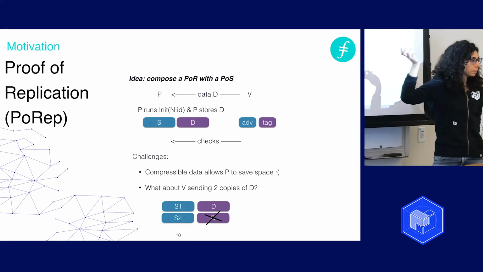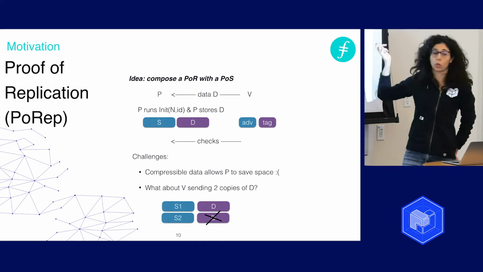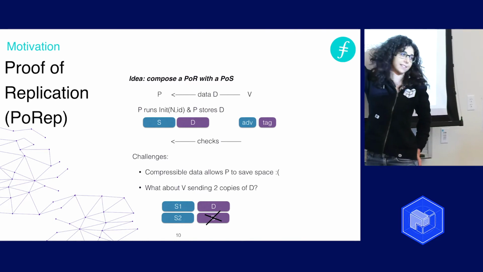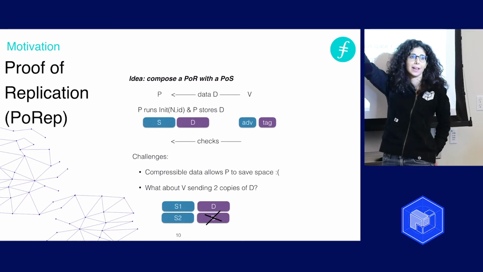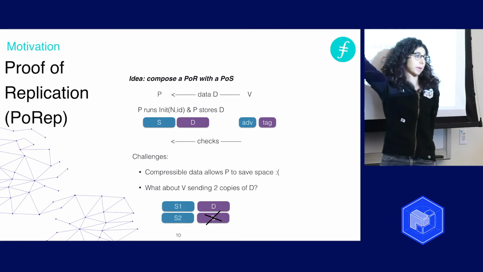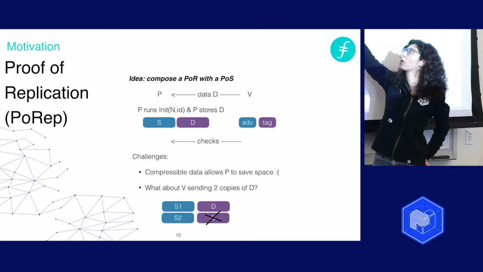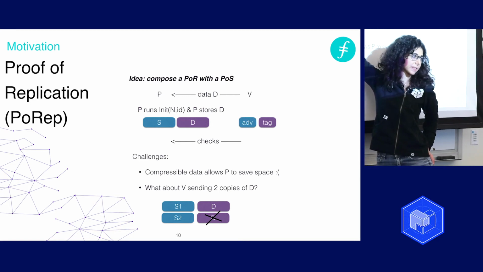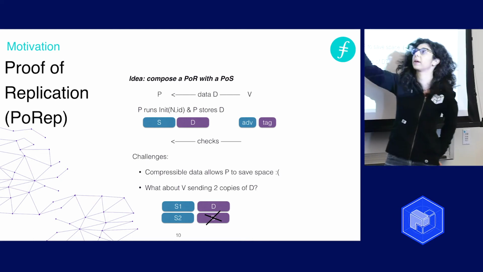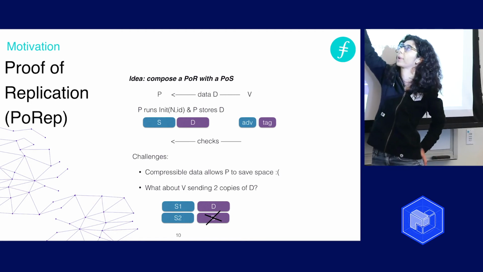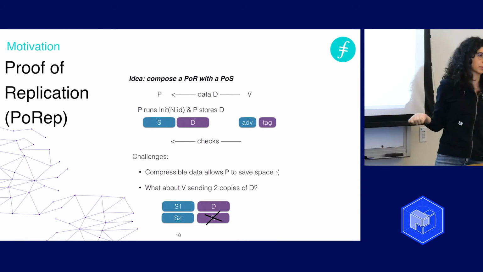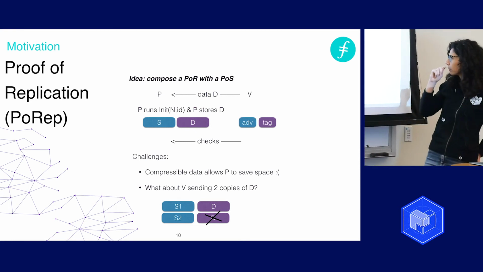Is this okay? Nope. For the same reason as before, because I can still compress this. You are proving space, but in a very inefficient way, because the compressible data is the only thing that gives me space hardness. So honest players are going to use 2 times the space, but dishonest players are going to compress this. So I have almost 1/2 again. I'm back to a 1/2 proof of space gap. That's not a good situation.